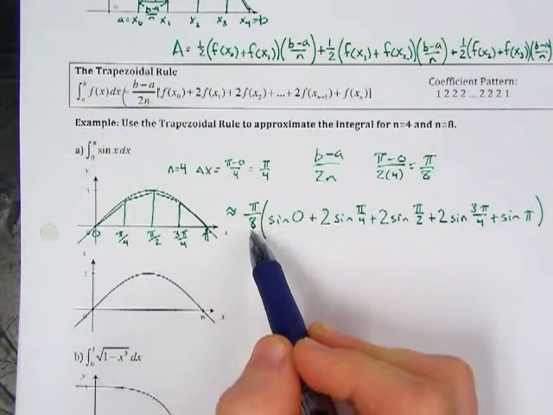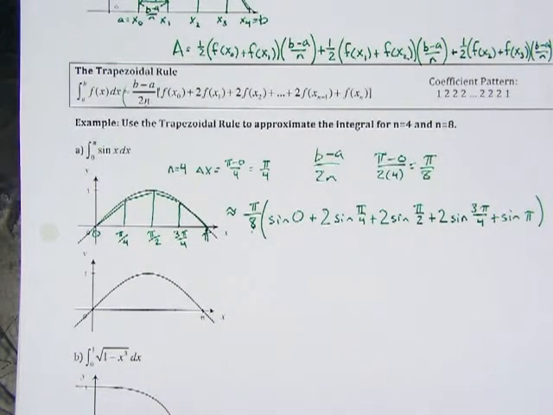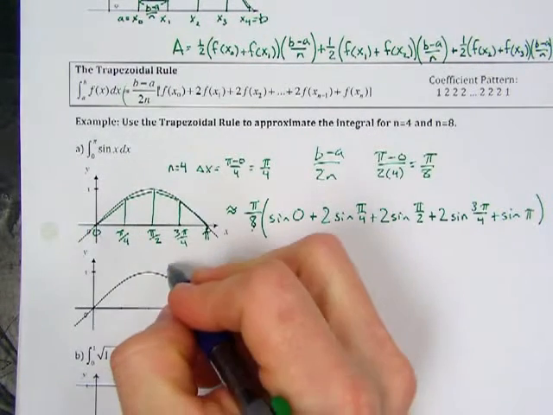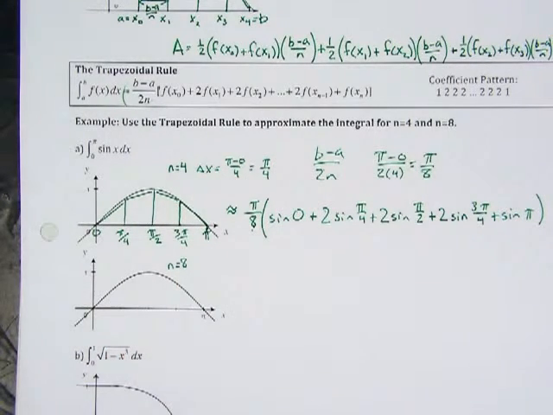Okay? So we're going to try this again. And we're going to separate it into 8 trapezoids here. N equals 8. More precise.